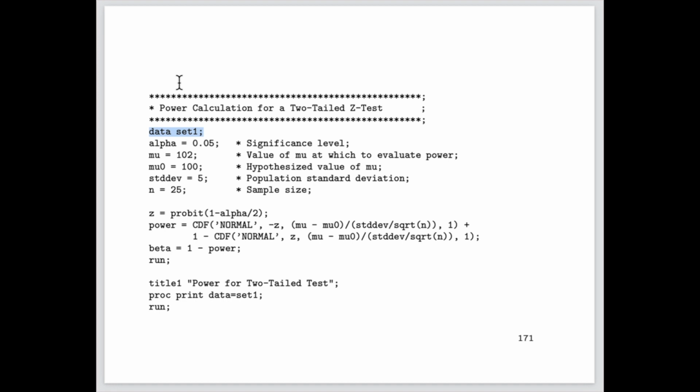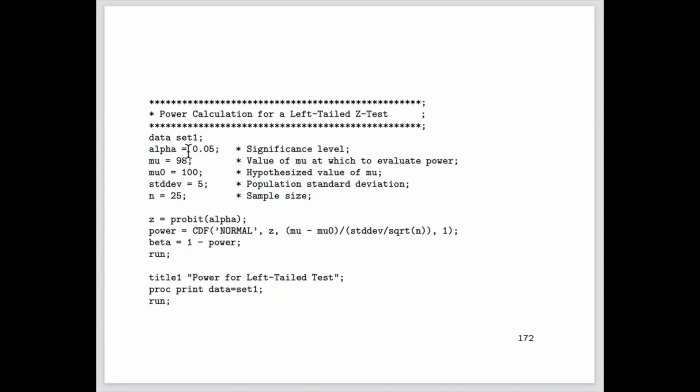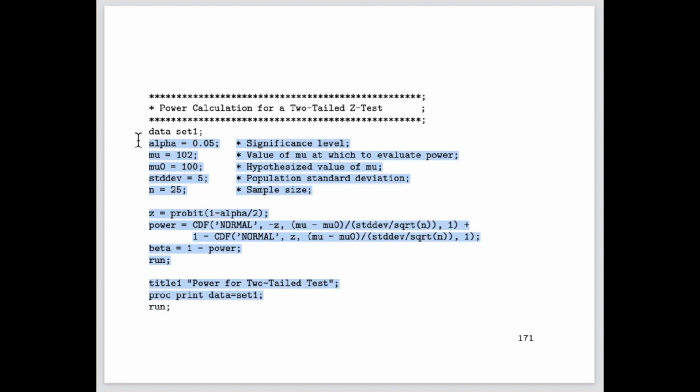What I'm doing here in this first statement is creating a temporary data set, calling it set 1, and then down here at the very end, I'm telling SAS to run everything above it. Now the stuff in between the data step and the run statement is the contents of the data step, and we're setting up everything that we want SAS to do.